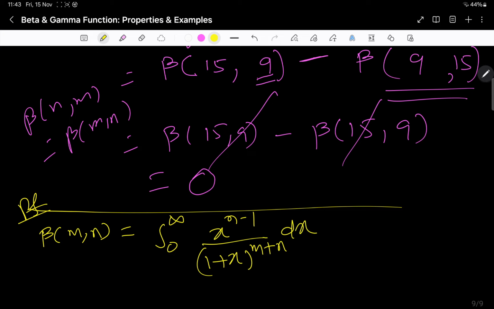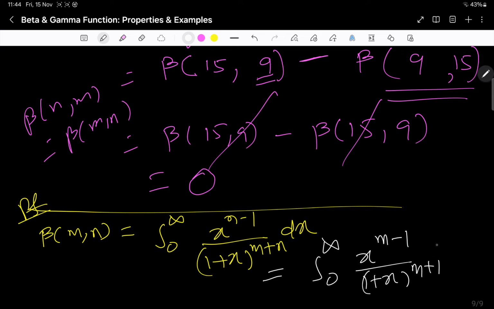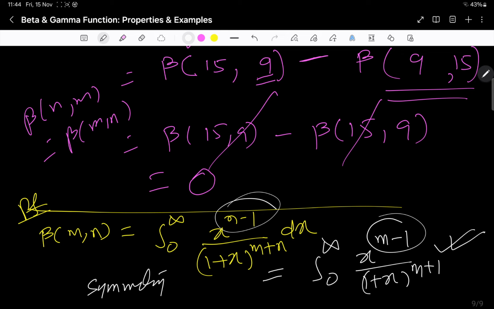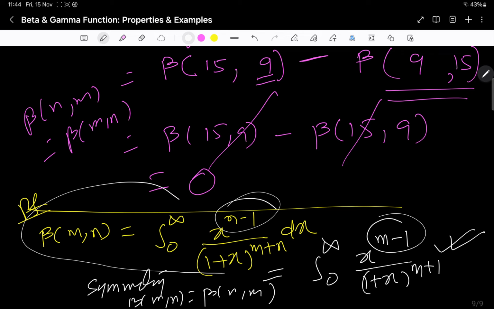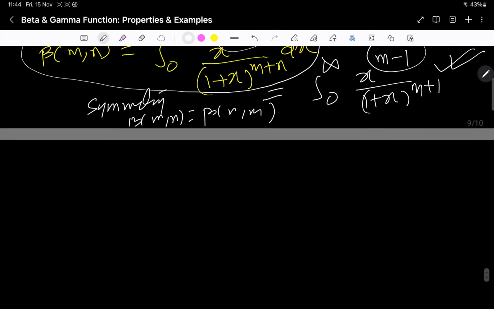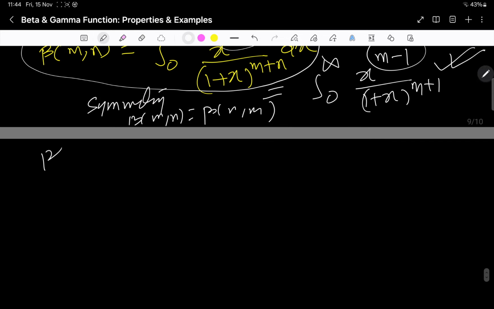But because of the symmetry, if one writes x to the power m minus 1 divided by 1 plus x to the power m plus n, then it is also okay, because beta mn is beta nm. Now if you want to establish this property, I will not prove the details, I just tell you the hints to prove it.